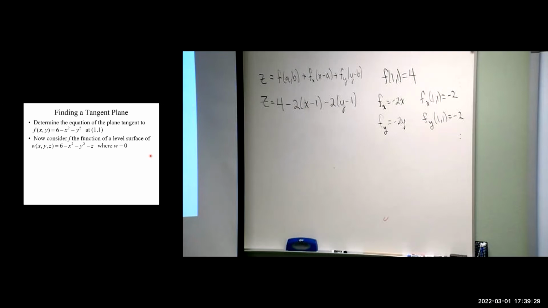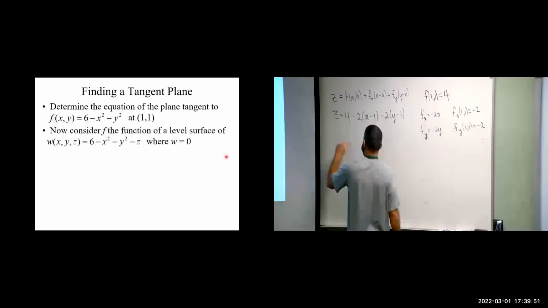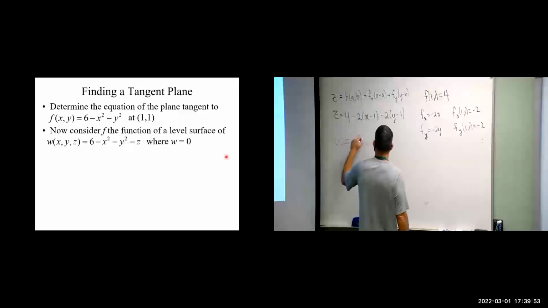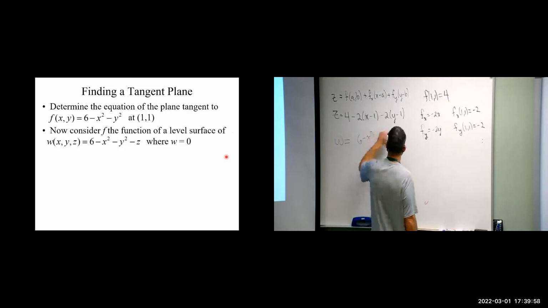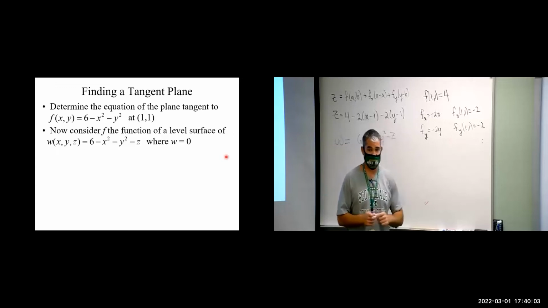What we're going to do is make our function a level surface of a function of 3 variables. Specifically, it'll be the level surface of the function w equals 6 minus x squared minus y squared minus z, when it equals 0. Now, remember what we were just saying?